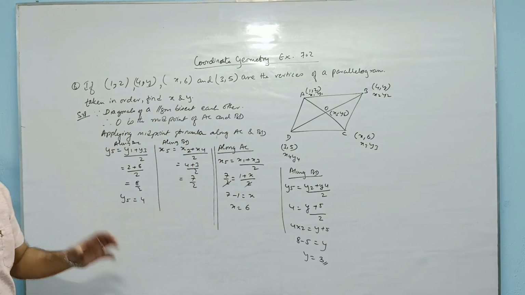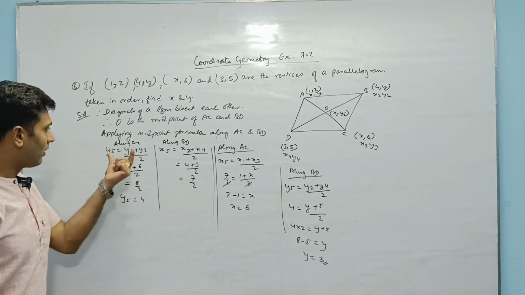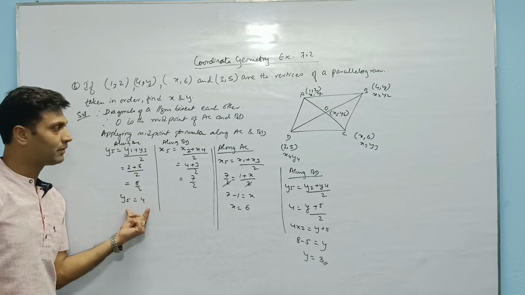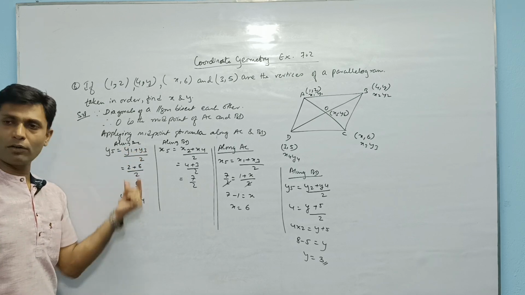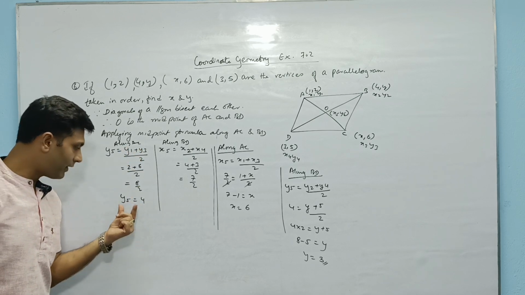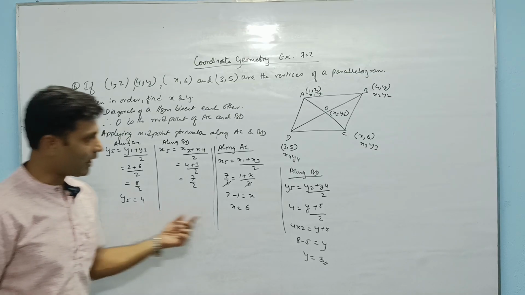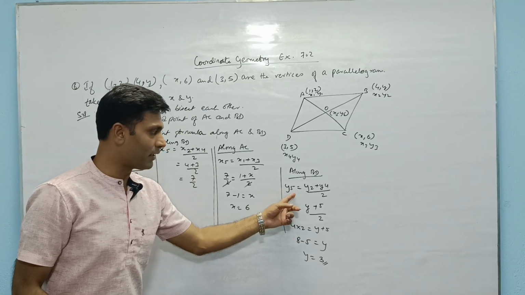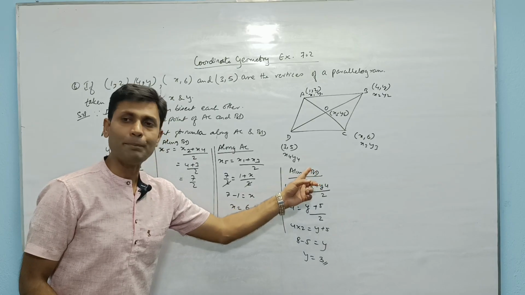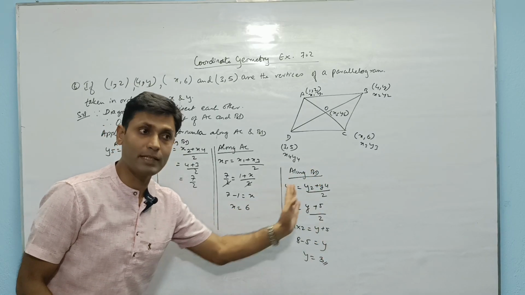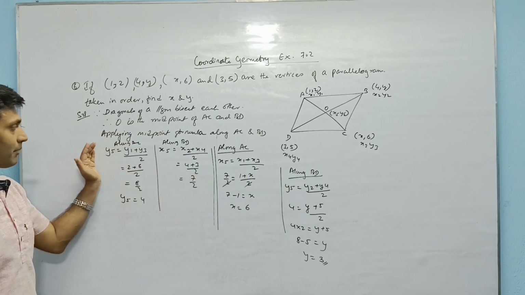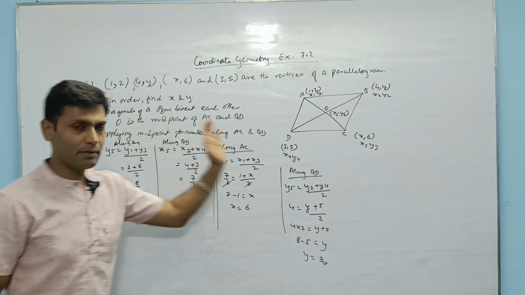Got it? Once again I repeat, we got the value of y5 by using the midpoint formula along AC. And we are using this value of y5 to find y by putting the value of y5 along BD. We got it from AC, we are putting it in BD.